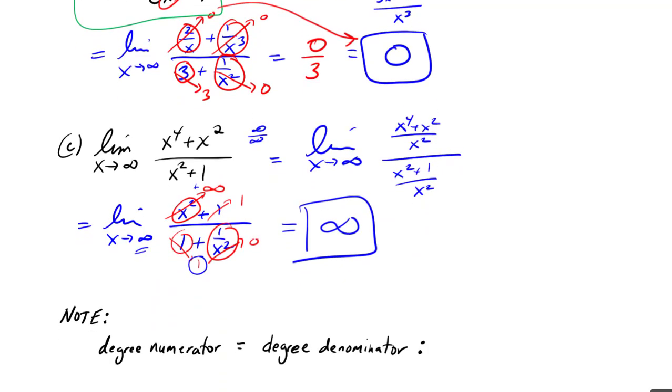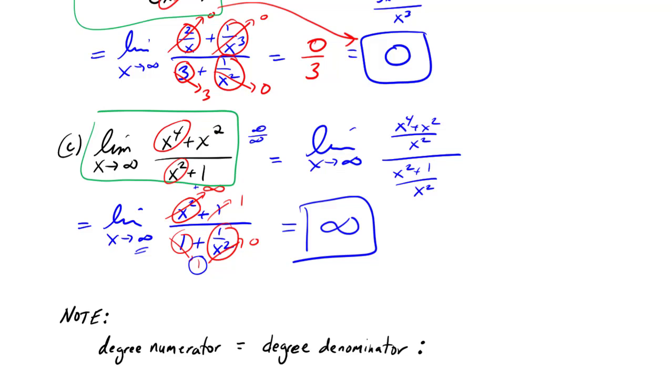In this one, the numerator has the higher power, the x to the fourth compared to the x squared in the denominator. That means the numerator is going to end up winning and taking this off to infinity.